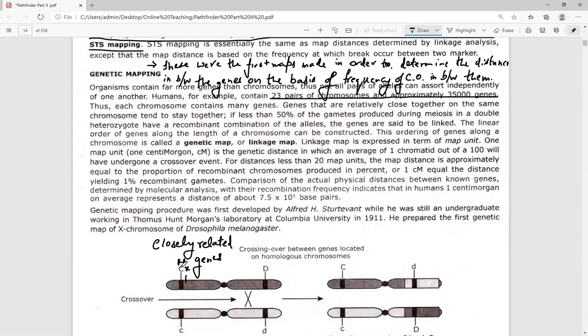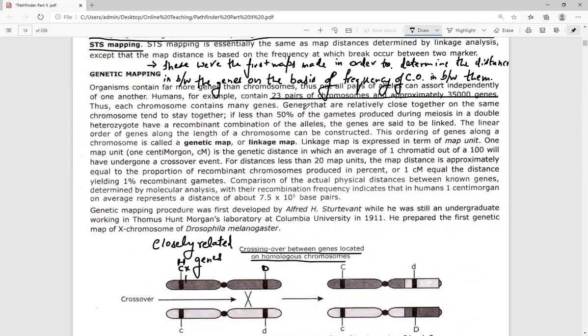Whereas the genes C and D that you can find here are quite far apart from each other. Because C and D are far apart, they will undergo crossing over. Crossing over between locations on homologous chromosomes is going to take place.